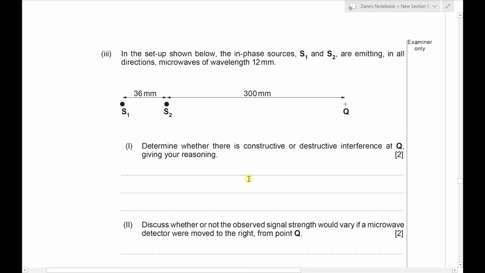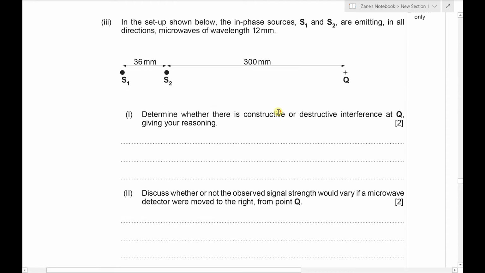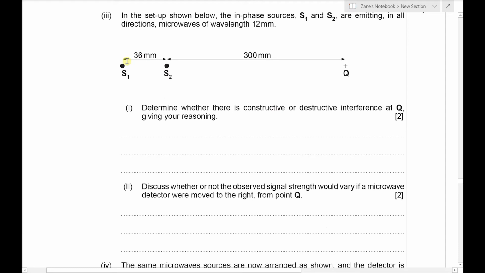Next, the two sources are placed side by side as we can see in the diagram, and they're emitting waves of wavelength 12 millimeters. And we've got to work out whether there's constructive or destructive interference at this point Q. Well, this 300 millimeters is a bit of a red herring, to be honest, because what we're really interested in is the path difference, and hopefully we can see from the diagram that because the distance from S1 to S2 is 36 millimeters, then the waves are 36 millimeters closer to S2 than S1 when they arrive at Q. So in other words, our path difference is 36 millimeters.